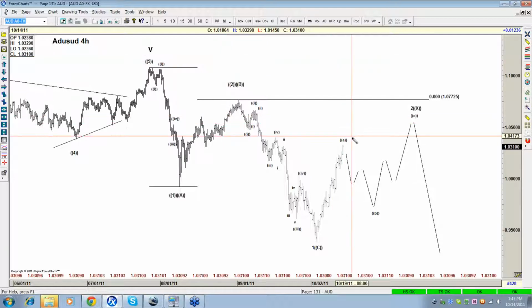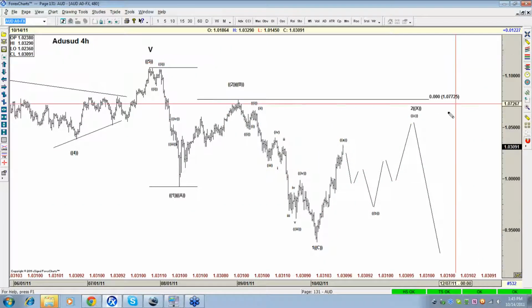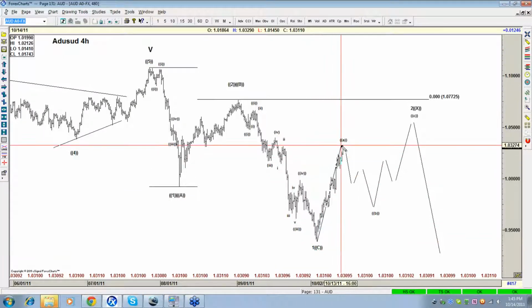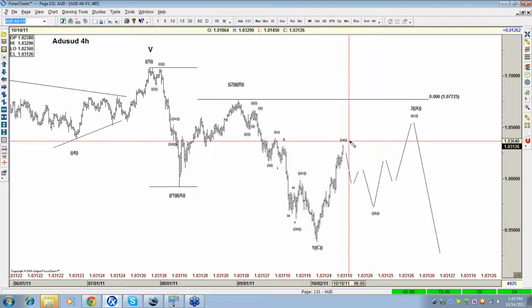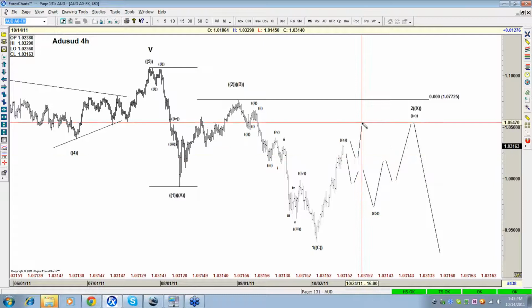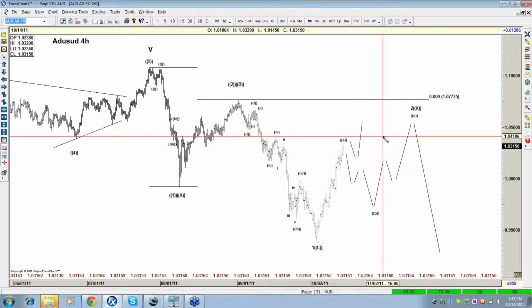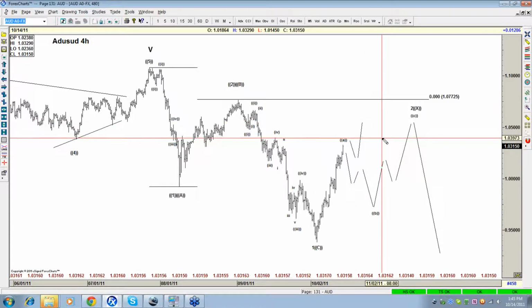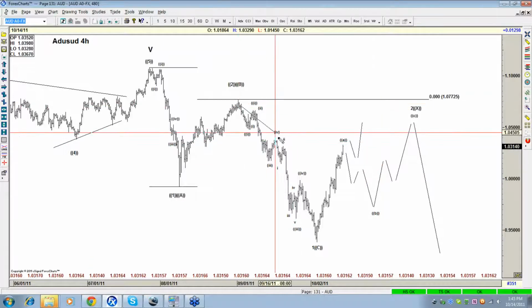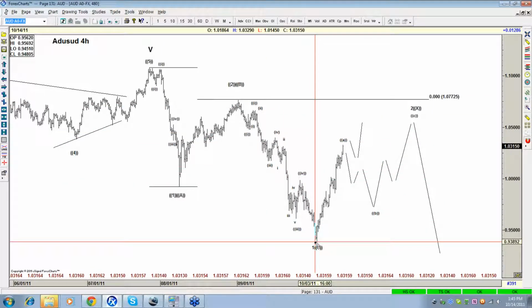Now, so far you've got here a 3-wave move. If you see a 4 and a 5, you start worrying. And then this is a 5-wave move. It cannot be a flat.